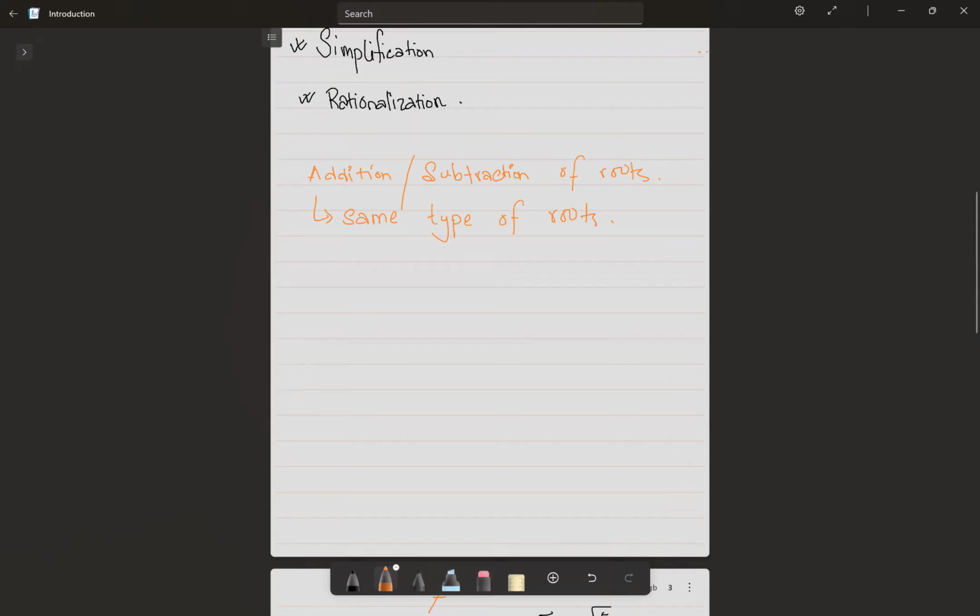But for multiplication and division, you do not have any such rule. You can work with all types of roots.